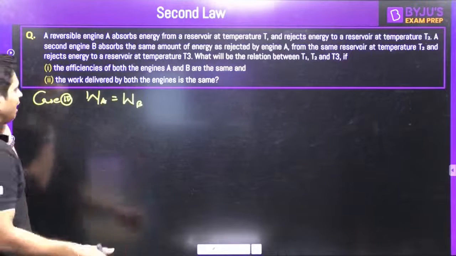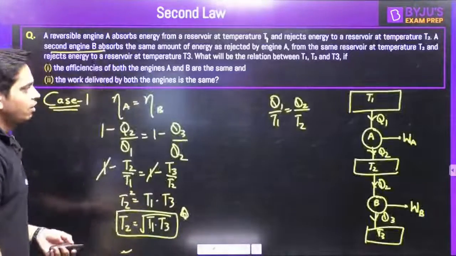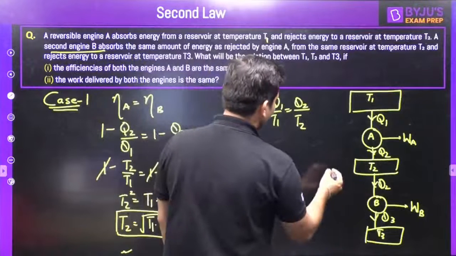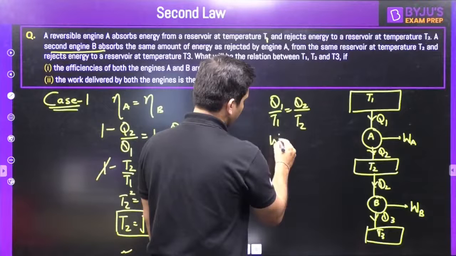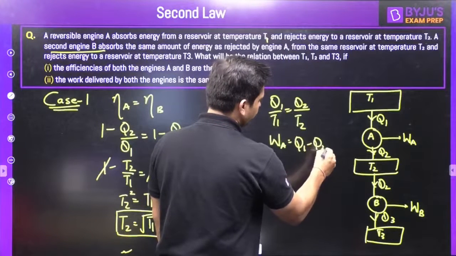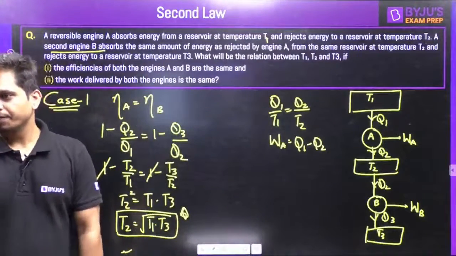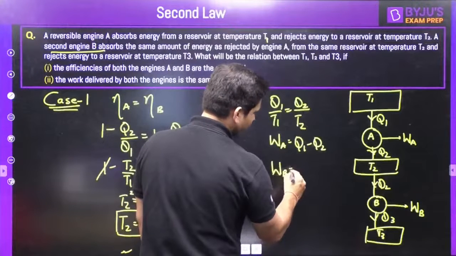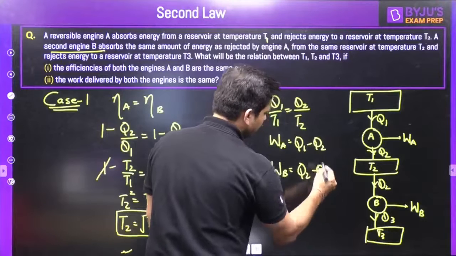Can you solve this and tell me what is WA? Here, if you do an energy balance for engine A, then WA is equal to Q1 minus Q2. Similarly, if you do an energy balance for engine B, then you will get WB is equal to Q2 minus Q3.